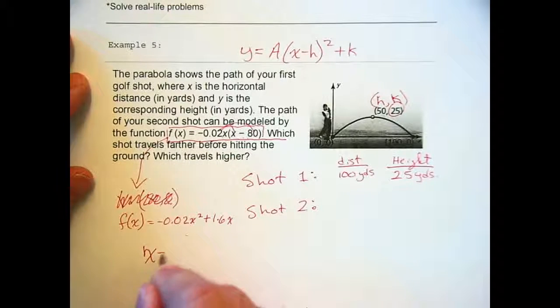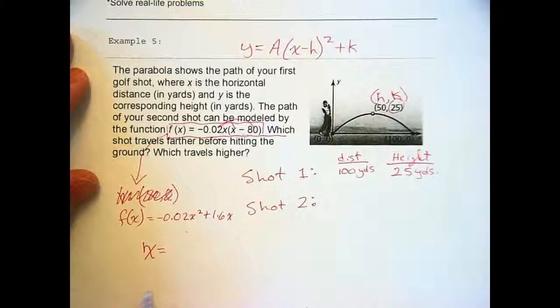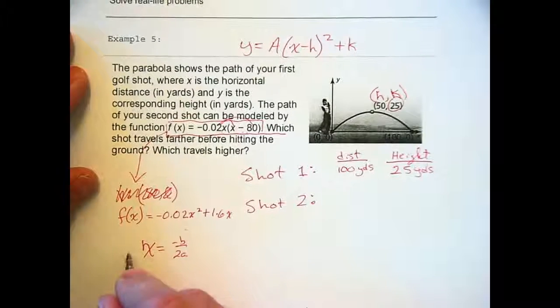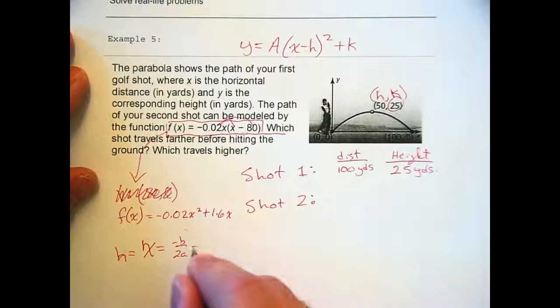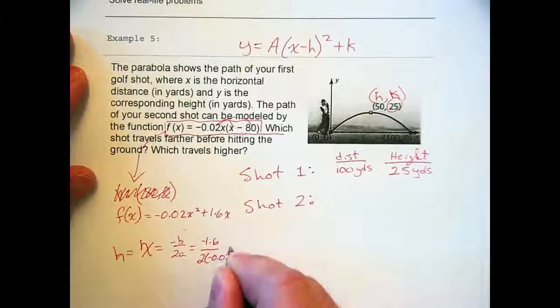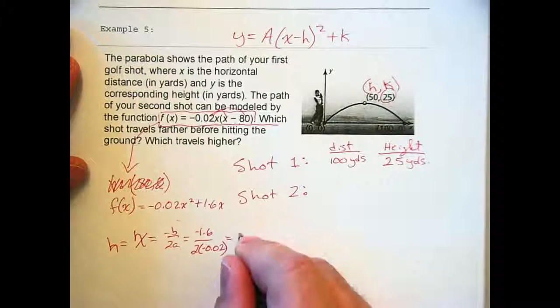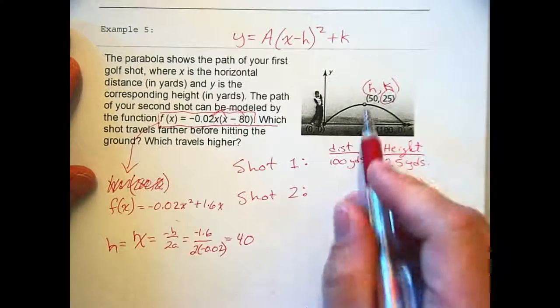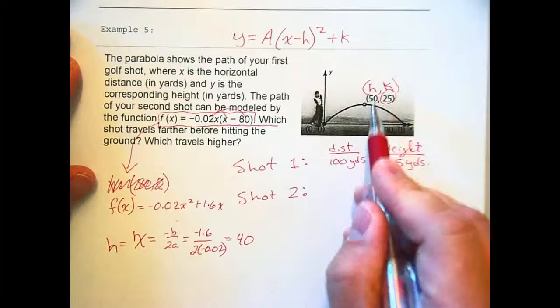Yep. Go ahead, Matt. Okay, and that's going to tell us our h term, right? Okay, and opposite of b is negative 1.6 divided by 2 times negative 0.02, which is 40, exactly. Okay, so that means our height, nope, not our height. That's only h.